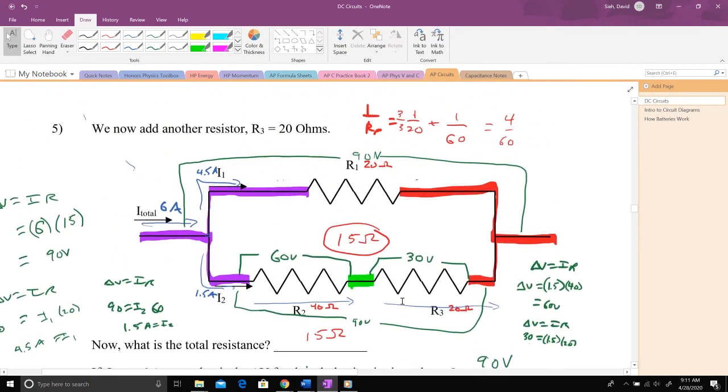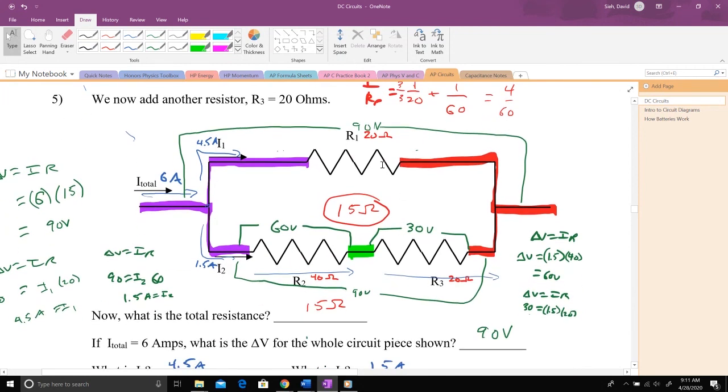And so that's it. To reiterate, I think the tricky part of these circuit problems is finding currents and delta V's in a little branch of a parallel part like this. The trick is, first, find the resistance of that whole chunk, and I write it down and put it in a circle in the middle.